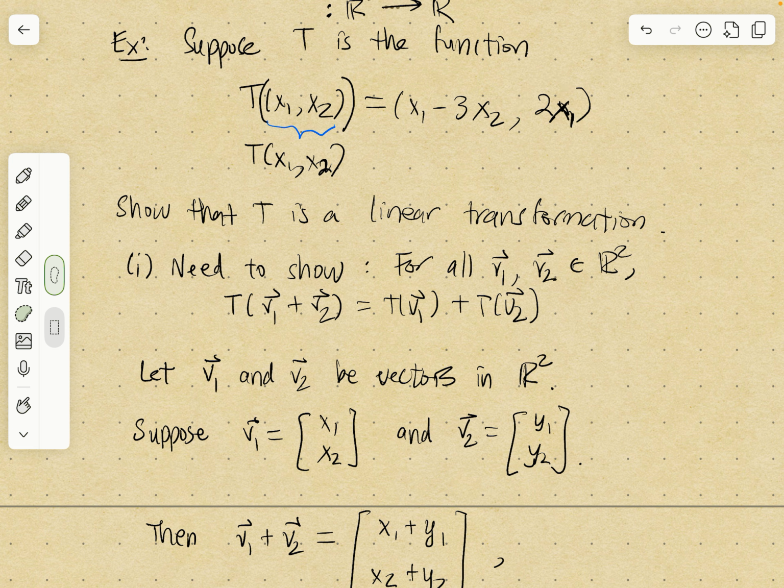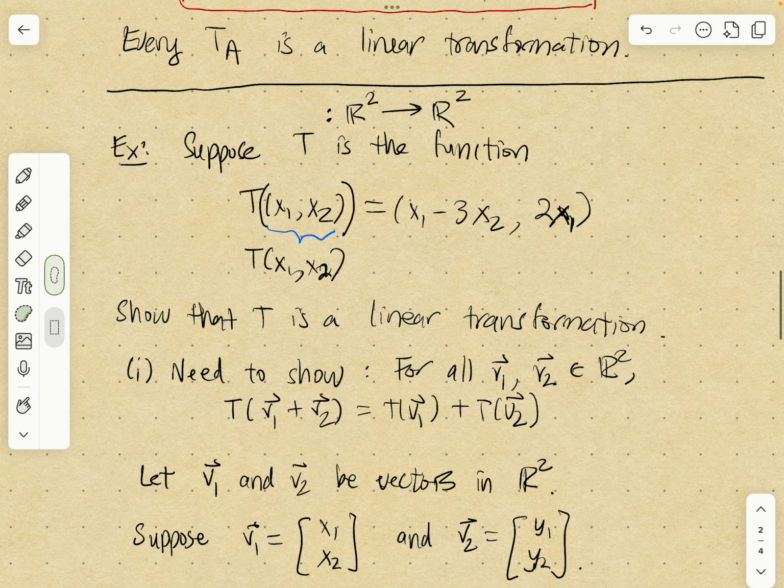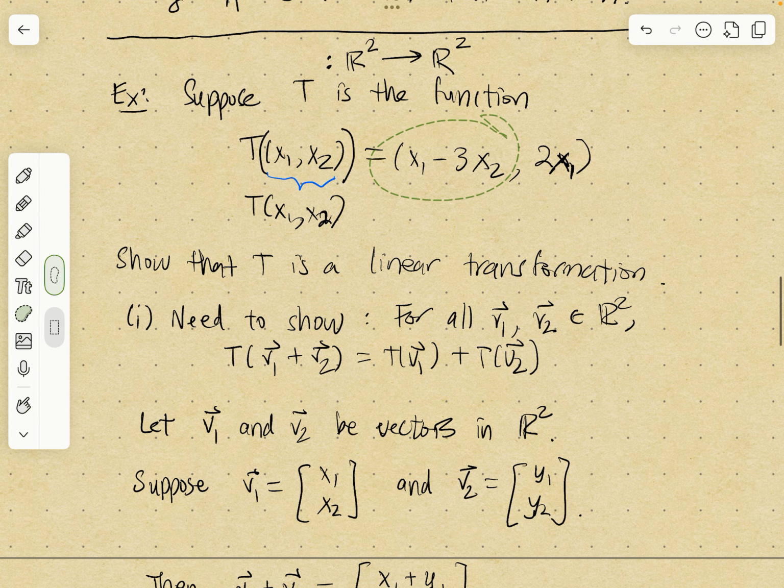So if you have an input, it has a first and second component, x1 and x2. What does T do to it? The first component of the output is x1 minus 3x2. In other words, you take the first component and then subtract 3 times the second component of your input. And to find the second component of the output, that's 2 times x1, you multiply 2 by the first component of the input. That's what this is saying.